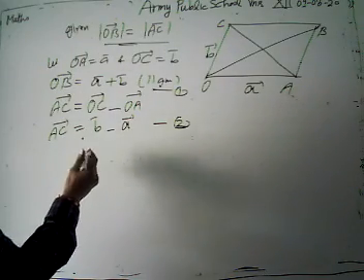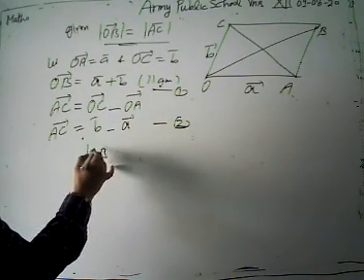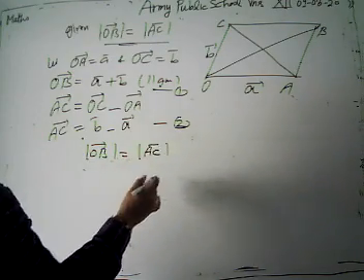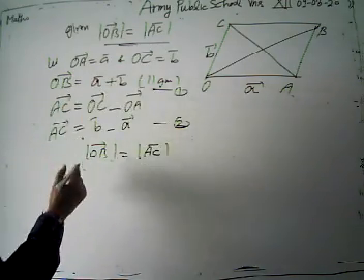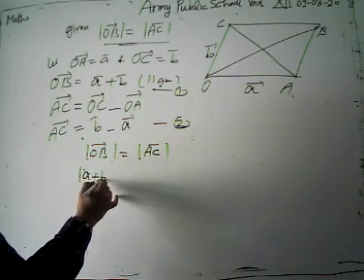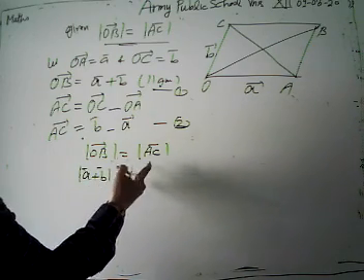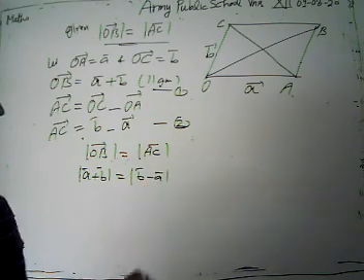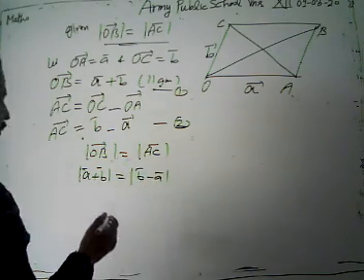Then we start with OB equal to AC. The value of OB is vector A plus B, and AC is B minus A. Now taking the square of both sides, what do we have?